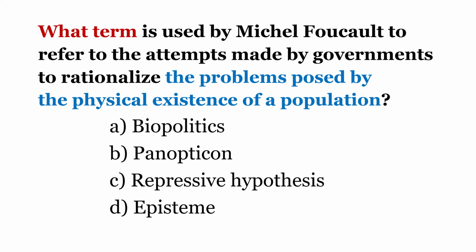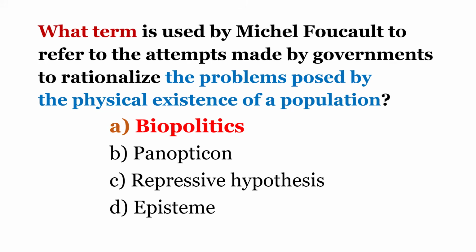Answer A, biopolitics. So biopolitics refers to the problems posed by the physical existence of a population, or something to do with population and running the government. Then panopticon, repressive hypothesis. Episteme is an interesting word, a critically loaded one.